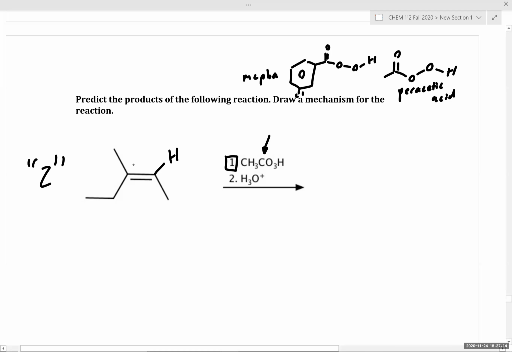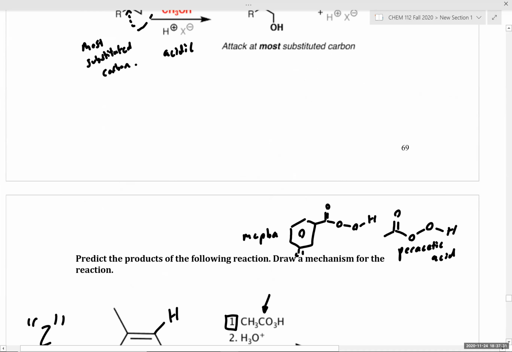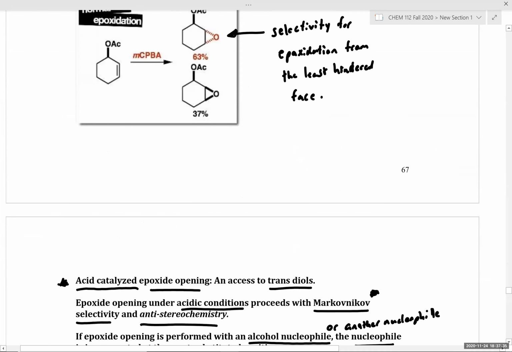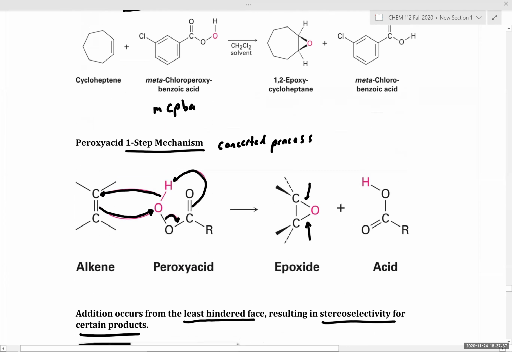In general, when you treat an alkene with a peroxy acid such as MCPBA, what functionality do we end up with in our final product? What are we making? If we treat an alkene with a peroxy acid, what do we get out? An epoxide, right?